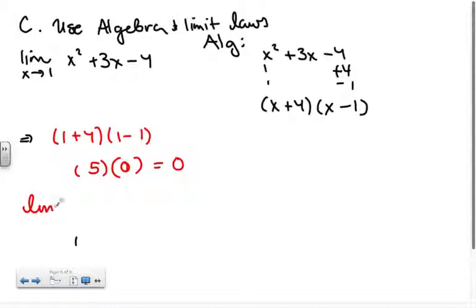And so you end up with the limit as x approaches 1 of 0, which is, of course, 0. So that's the last way to do it. So 3 different methods for you to choose from. Pick whichever one's most comfortable for you.